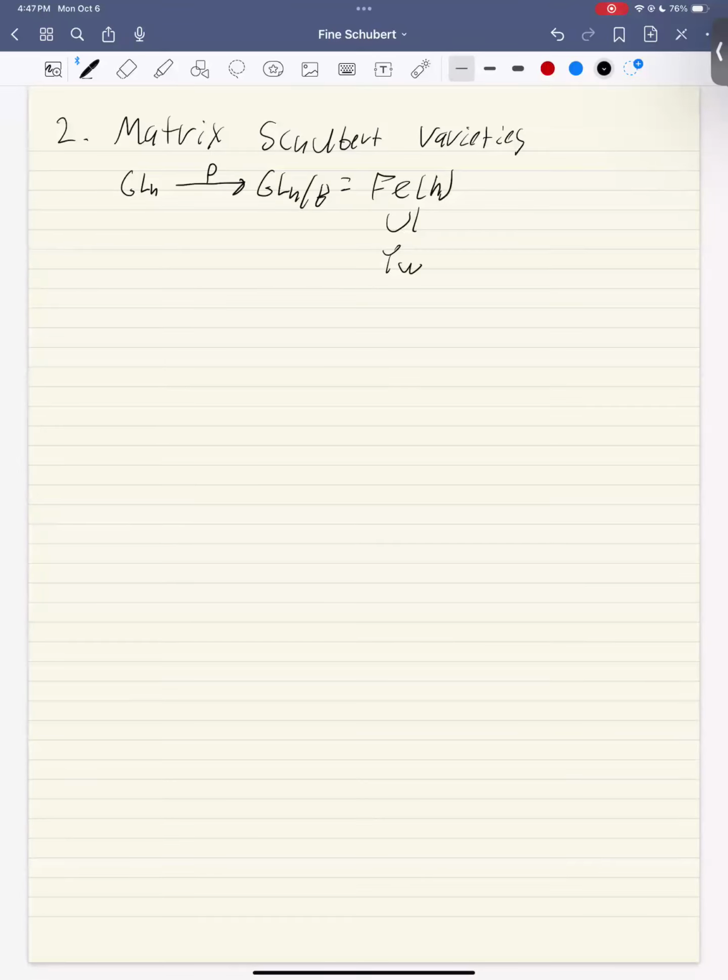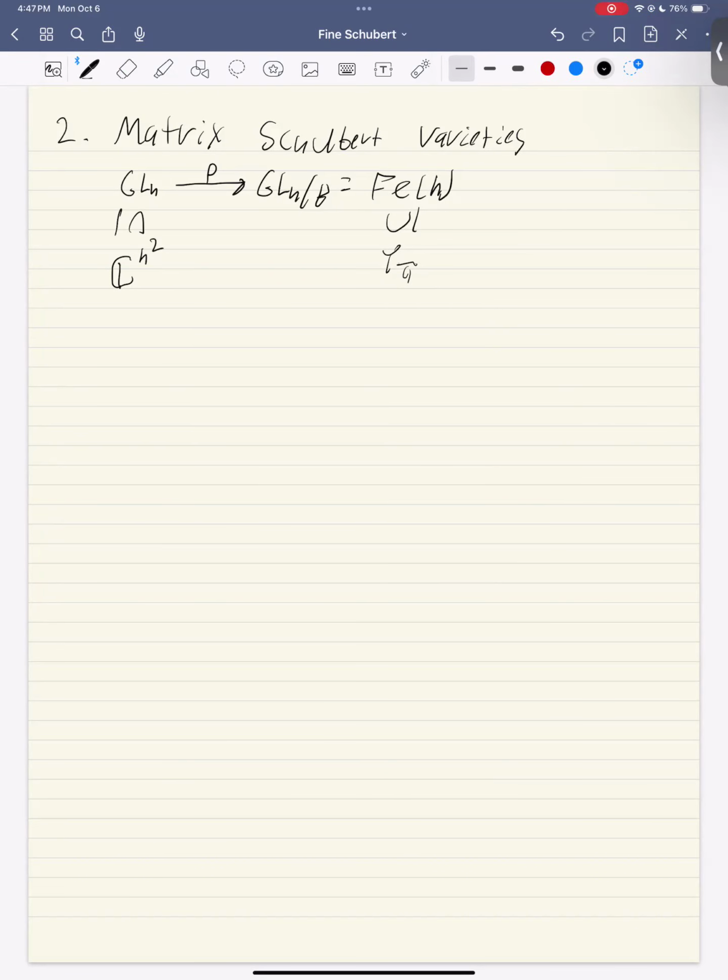I will describe what my conventions are later. And maybe I'll call them Y_pi, in terms of upper triangular versus lower triangular. In any case, there are these Schubert varieties here, and there's also an inclusion of GL_n into an affine space, into C^(n squared).